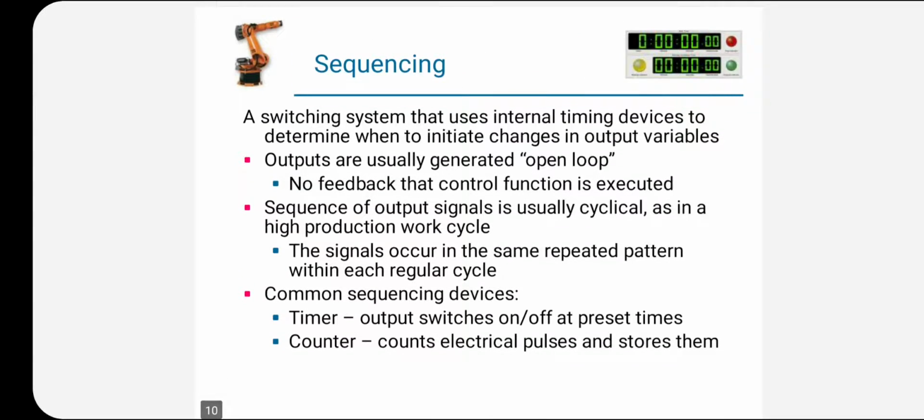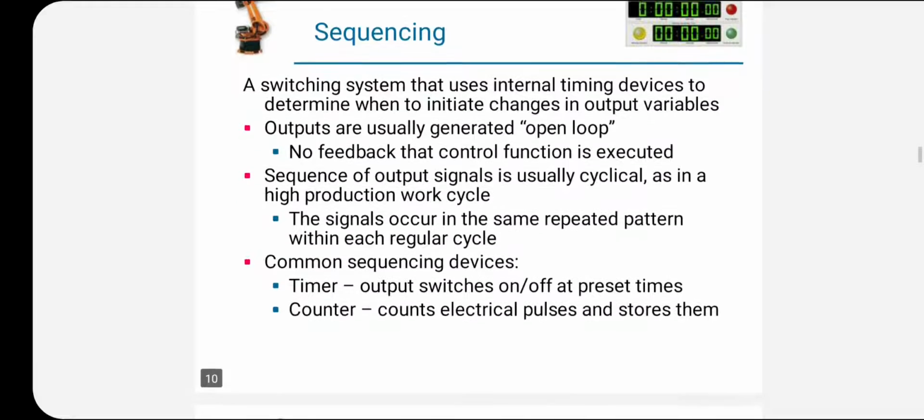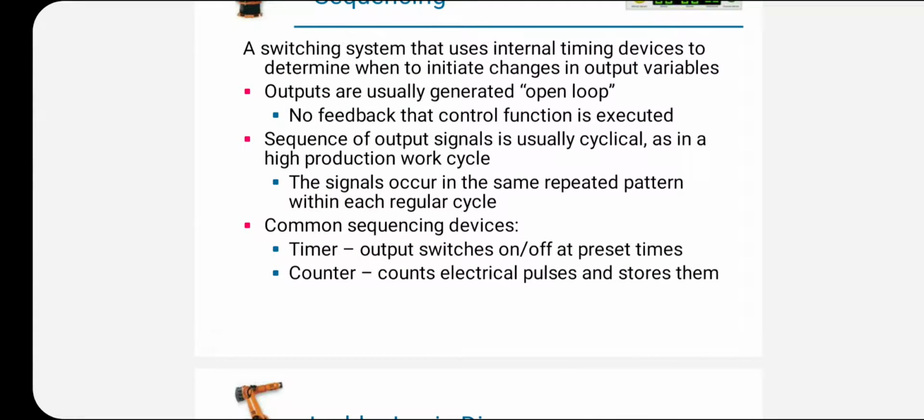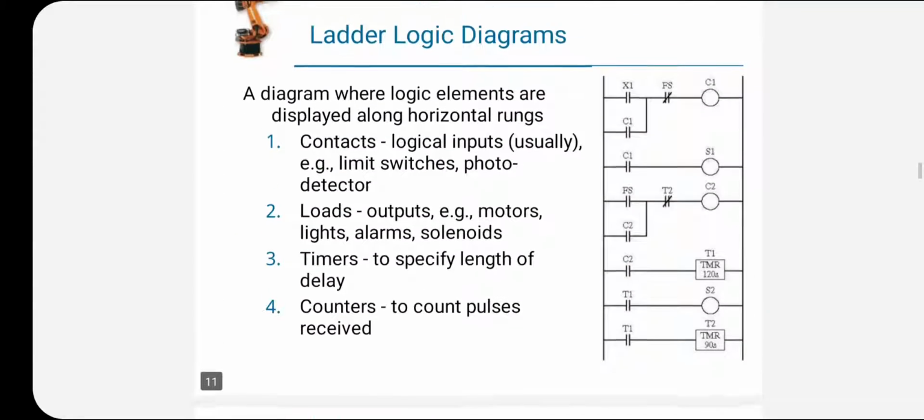So these are sequencing devices, a switching system that uses internal timing devices to determine when to initiate changes in output variables. Okay, and the sequence of output signals is usually cyclical, as in a high production work cycle, and the signal occurs in the same repeated pattern within each regular cycle. Common devices are timers and counters.